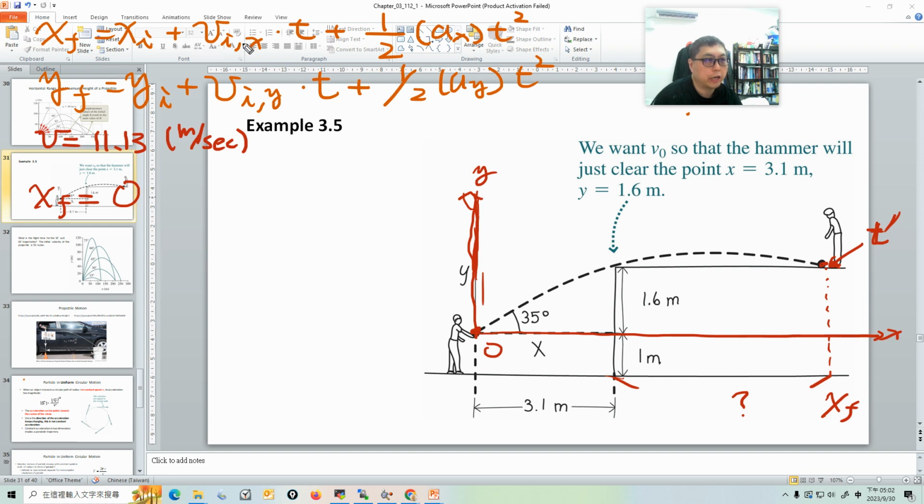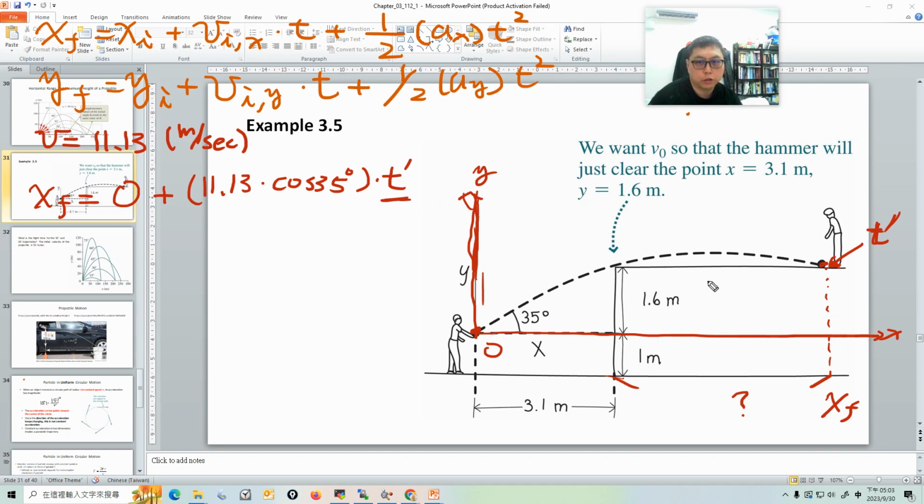Initial velocity x component is 11.13 times cosine 35 degrees, and time t prime. In the x direction there's no acceleration, so we ignore it. We want to calculate xf, but we don't know t prime, so we need another equation in the y direction.